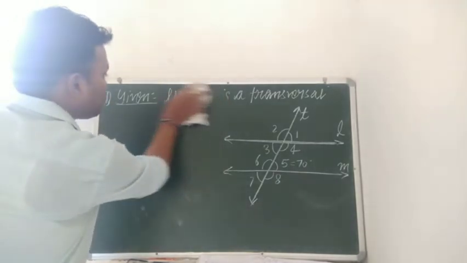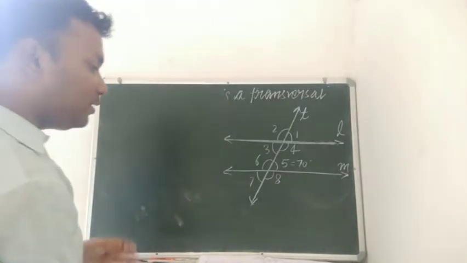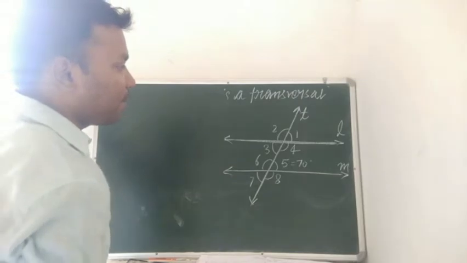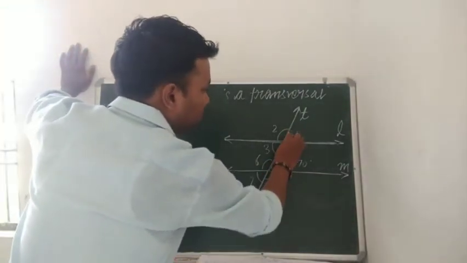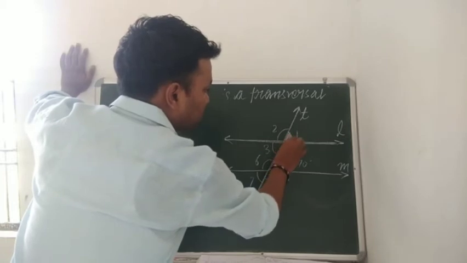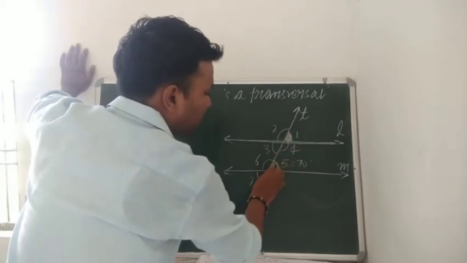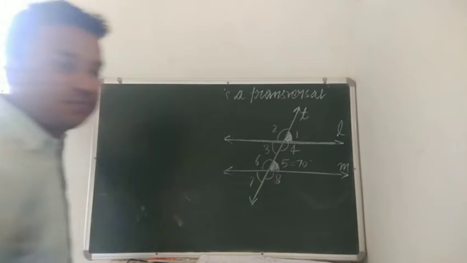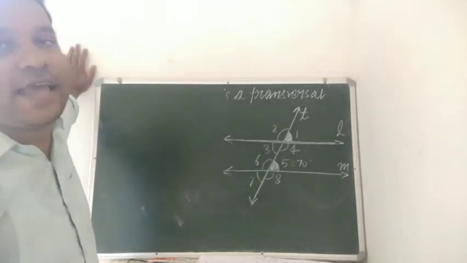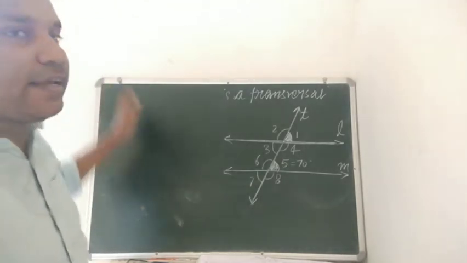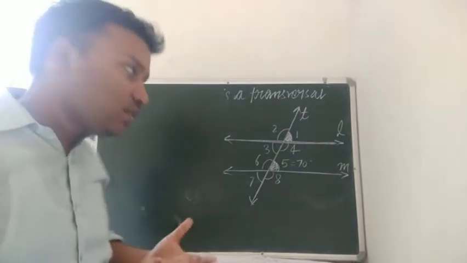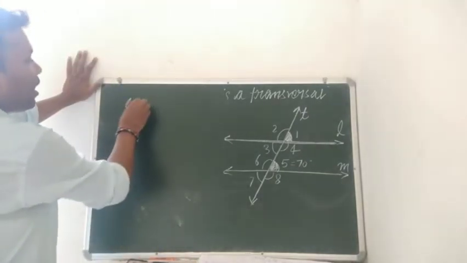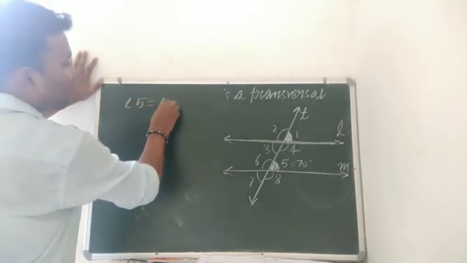So first of all, we have to find the value of angle 1. Student, what is the relation between angle 1 and angle 5? As you can see in this figure, both are pairs of corresponding angles. And when the corresponding angles are formed between parallel lines, then they are equal. That is why we can write here angle 5 is equal to angle 1.